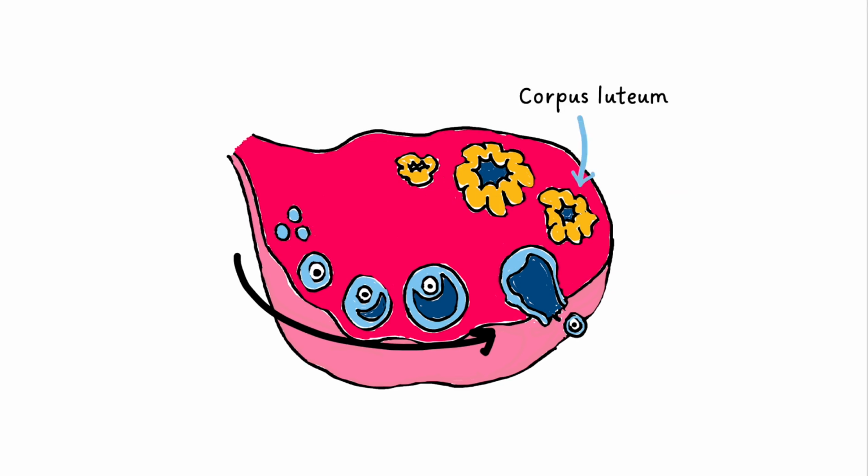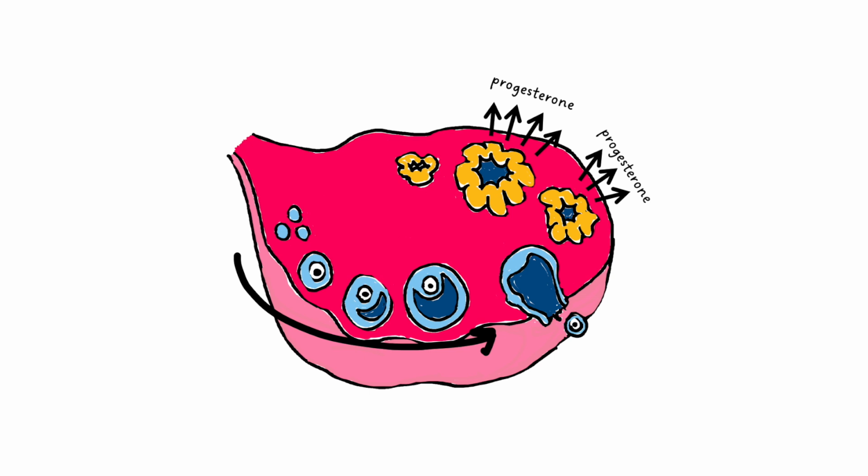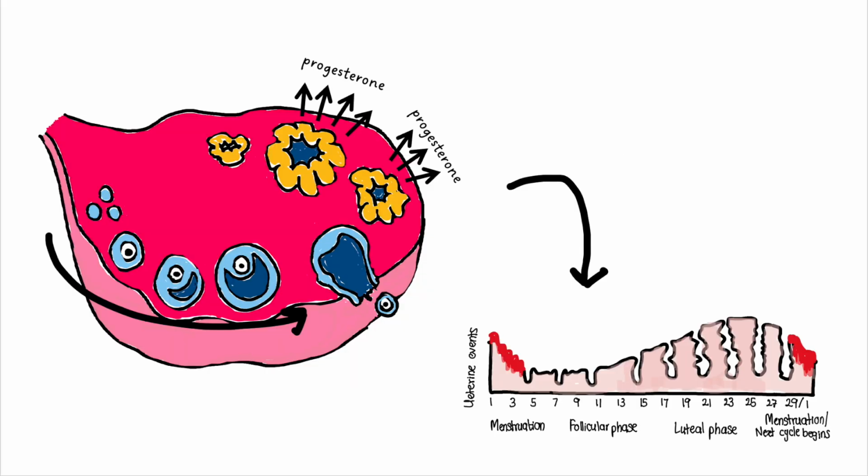The corpus luteum secretes progesterone and some estrogen. These hormones play essential roles in preparing the endometrium, that is the lining of the uterus, for the potential implantation of a fertilized egg. Progesterone helps to maintain the thickened endometrial lining, making it suitable for implantation. It also supports the secretion of uterine fluids that nourish the embryo.